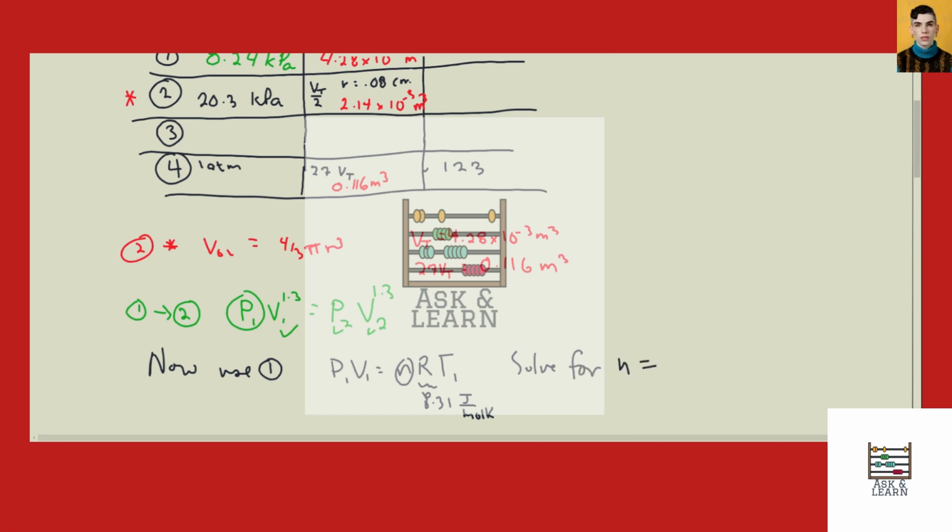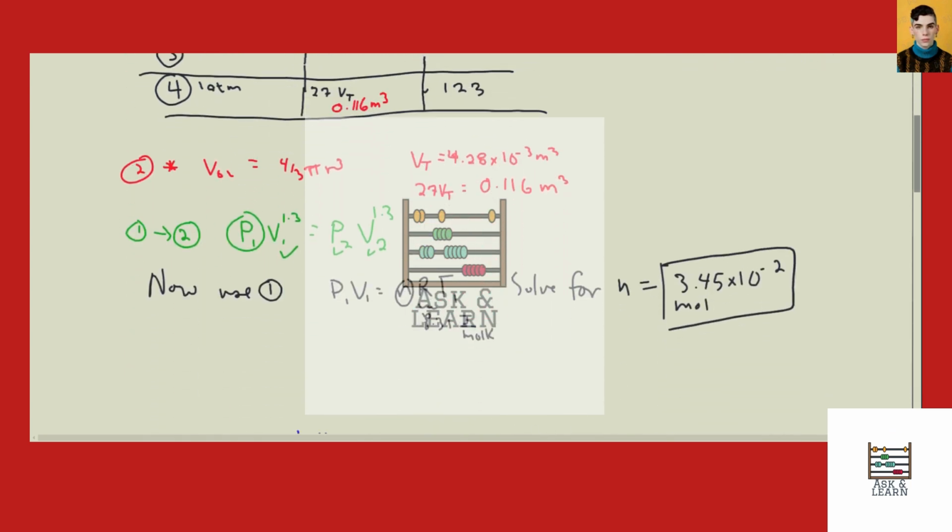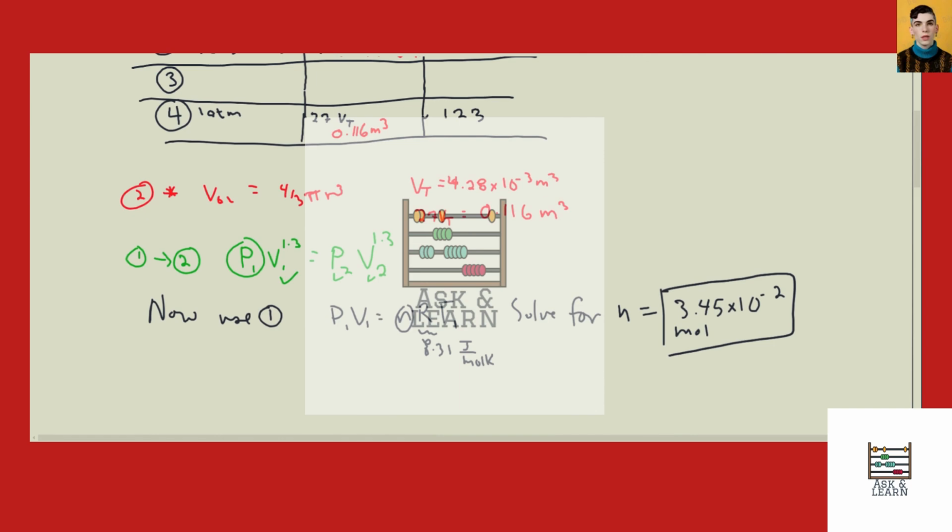And that's definitely an important quantity, 3.45 times 10 to the minus 2 moles, which I'll just write off to the side because that is an important clue that we can then use in point 2 to find the high temperature.